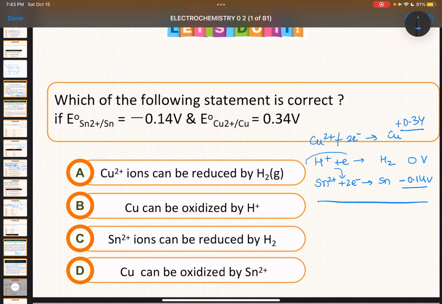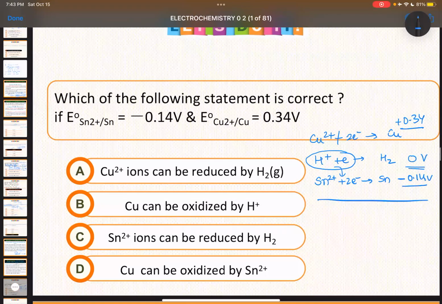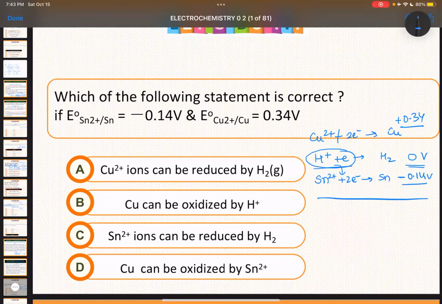H plus is having higher tendency because it has zero value, which is larger than minus 0.14. Minus 0.14 is lower. So H plus has more tendency to accept electrons. So H plus will take the electron and will not give it to tin.